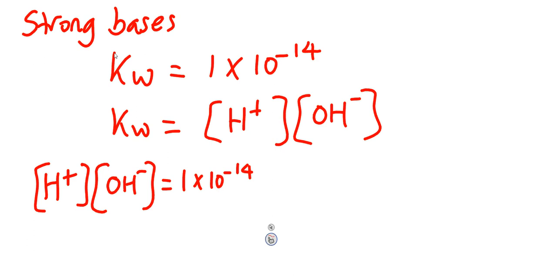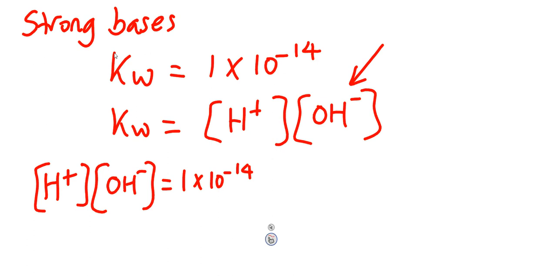Now, in an exam question, what you will be told is information about hydroxide ions, either the concentration of the alkali. So if they give you a concentration of sodium hydroxide, for example, the concentration of hydroxide ions will be the same as the concentration of sodium hydroxide.